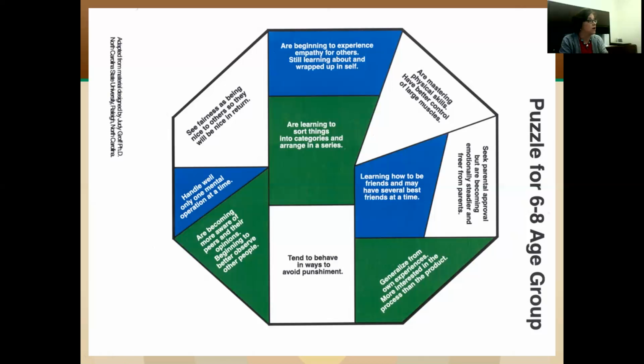They handle one mental operation at a time. You cannot get this age group to do more than one thing at a time. And they see fairness as being nice to others, so that they will be nice in return. I think that's another key piece with this: they really see, if I'm nice to you, you need to be nice to me back, and they don't understand when that doesn't happen.